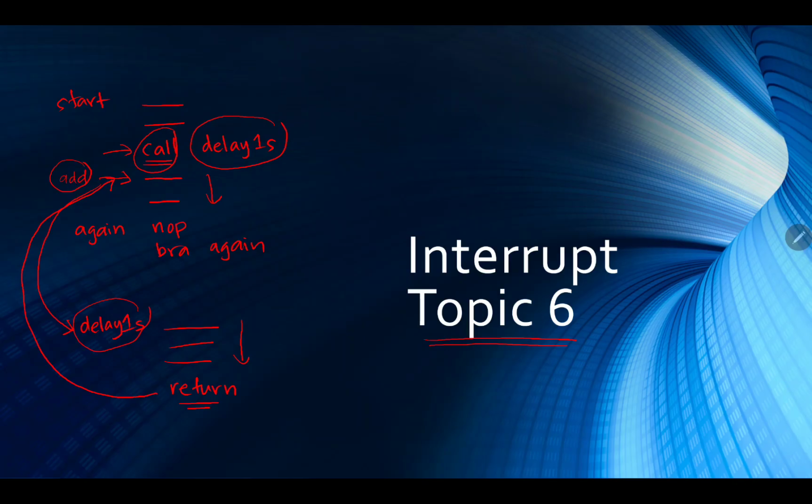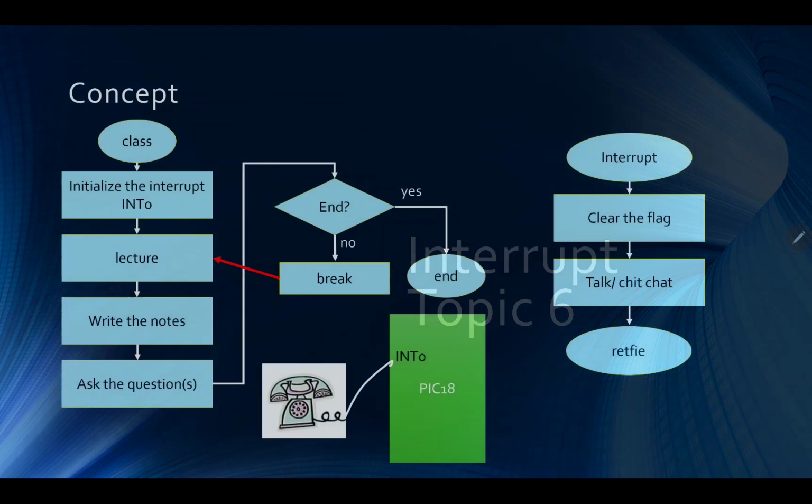This trigger can be from an internal or an external interrupt. So conceptually this is what we're going to see in this chapter. We are going to have a subroutine, but you don't call it. We configure the interrupt subroutine so that when the interrupt happens, it automatically goes to the subroutine. This is just the opening concept.